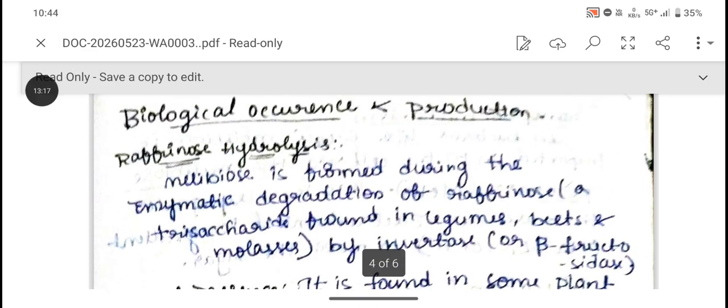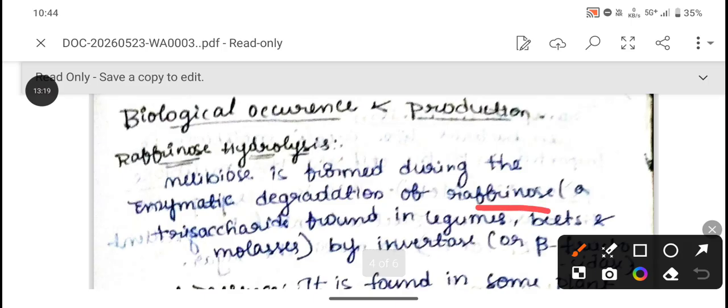Raffinose is a trisaccharide, which means it consists of 3 sugar units, whereas Melibiose is a disaccharide. So upon the action of invertase, raffinose gives rise to Melibiose, which is a disaccharide.